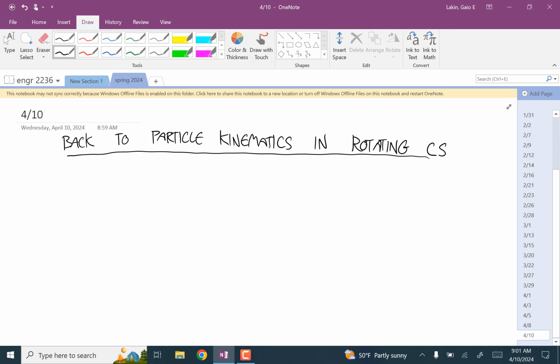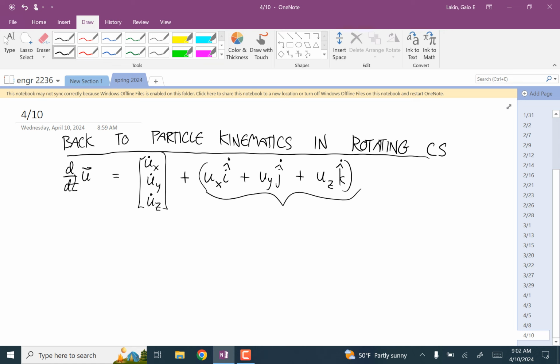So if you have a vector u and you take the time derivative, you get this, which is what we expect, but then you also get this because of the product rule. And this is where all the problems come from, okay?